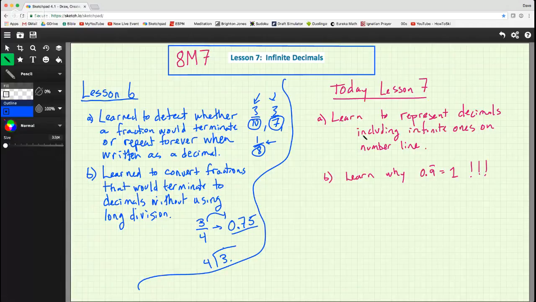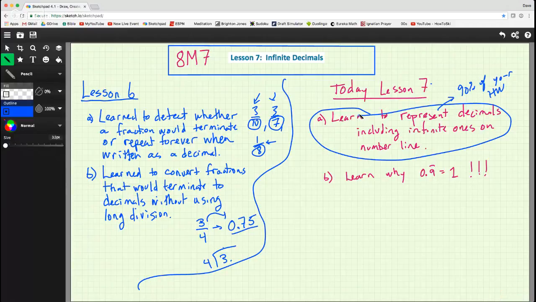In today's lesson, though, we're going to learn how to represent decimals, including infinite ones, on a number line. So that's what your homework is. This is 90% of your homework, doing that kind of stuff. And the second cool thing is we're going to learn why 0.9 repeating is equal to 1, or at least a good argument.